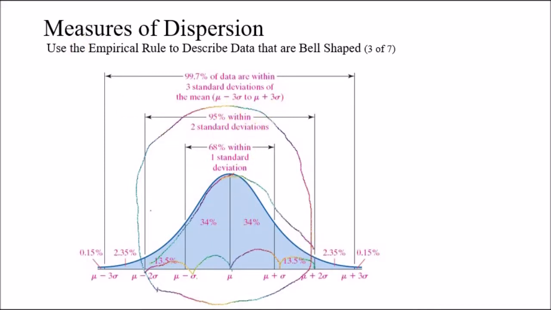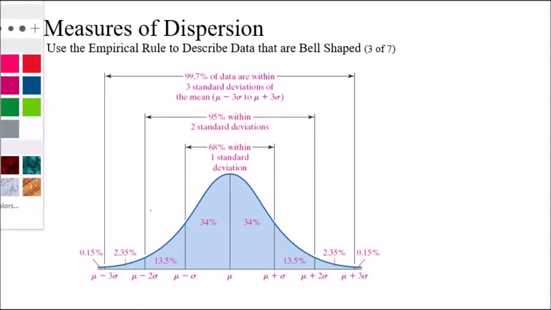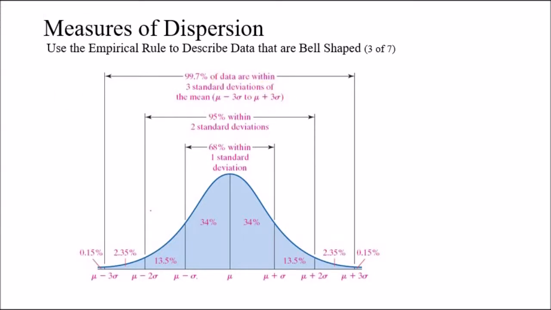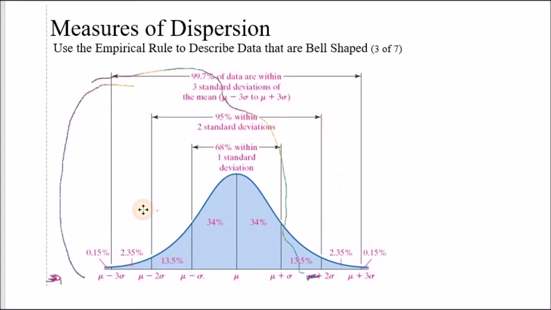And lastly, it states that if you subtract and add 3 standard deviations to the mean, then you will get 99.7% of our data. And that will leave us with only a little bit at the tail here and a little bit at the tail there, which represents 0.15% on each side. So that's a very small amount of data. Please remember this shape very well. We're going to refer to it very often.